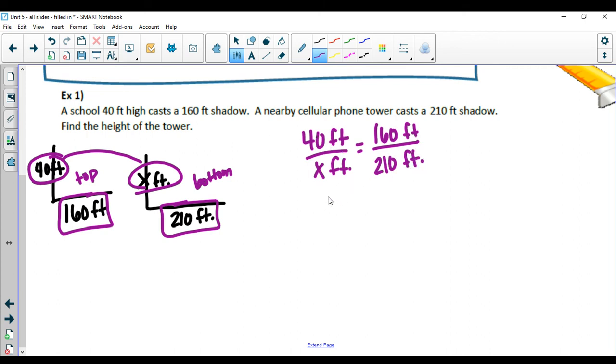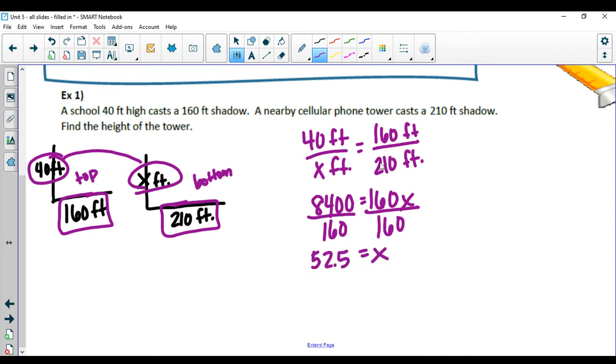So 40 times 210 is going to be 8,400 equals 160x. I'm going to divide through by 160. And that gives me 52.5 equals x. 52.5 gets feet. And we can also put the word tall for this one because that's the height of the tower.